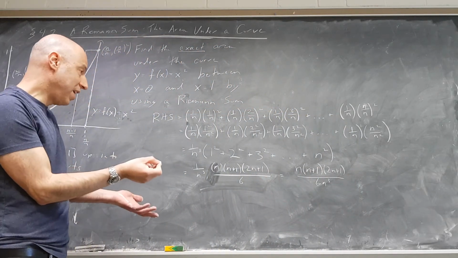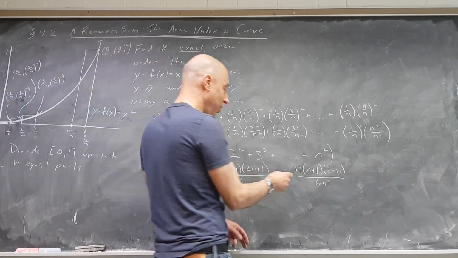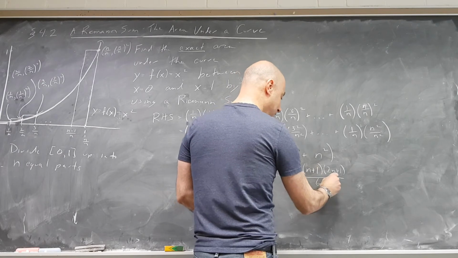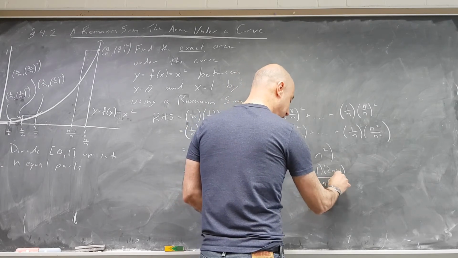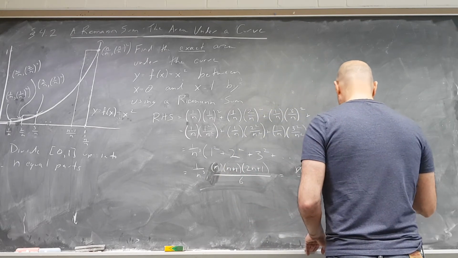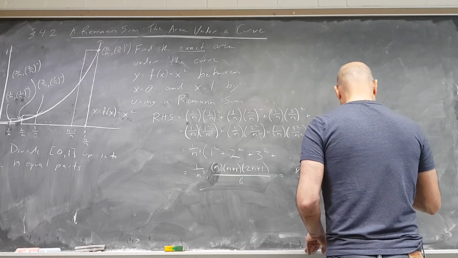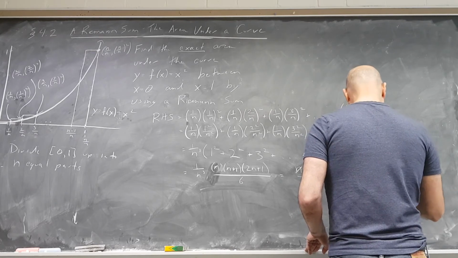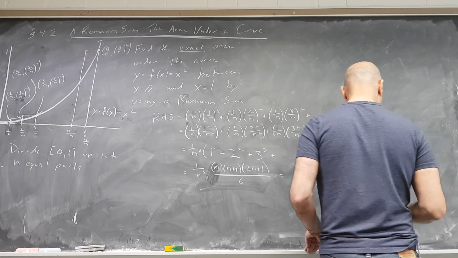I can simplify that a little bit more without doing too much work. I can cancel this n with one of these on the bottom, so that goes away, and I'm left with n squared. So what I have here is n plus 1 times 2n plus 1 all over 6n squared.